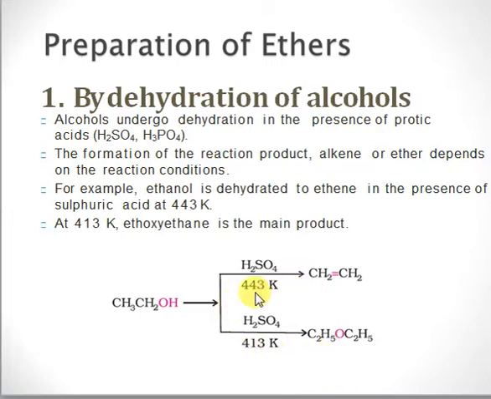But if you want to carry out the dehydration within the same molecule, if you are interested in formation of alkenes, then you have to go for higher temperature conditions. So if we are interested in formation of ethers, we have to maintain low temperature conditions and sulfuric acid as a catalyst, and under these conditions we get an ether as the product.